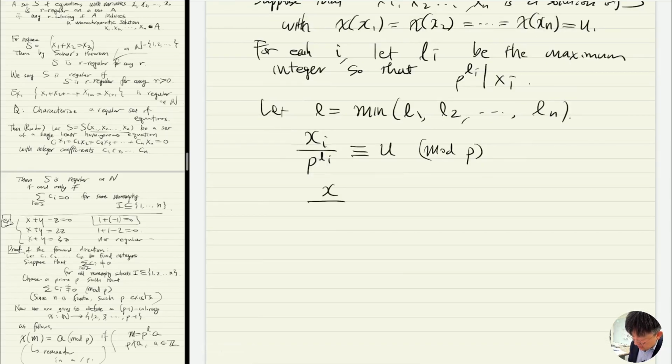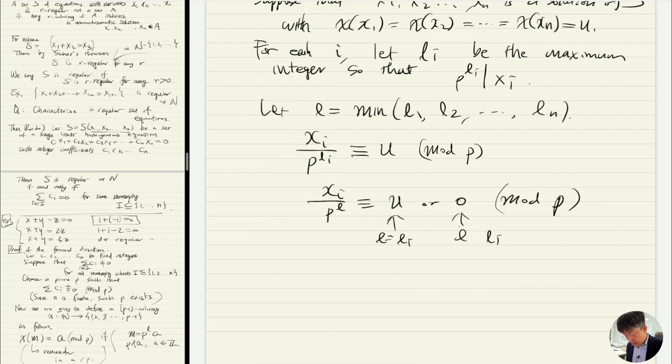So if I divide Xi by P to the L, this is equal to u or 0 modulo P, because if L is equal to Li, then it's u, otherwise 0. That is, if Li is bigger, then it's 0. Now let I be the set of indices such that L is equal to Li.